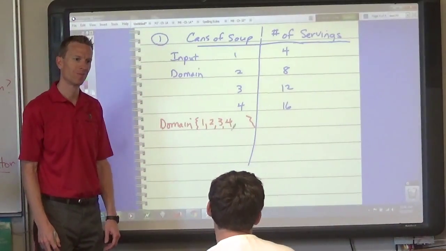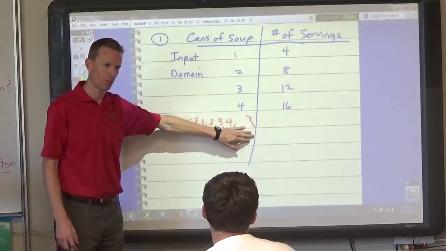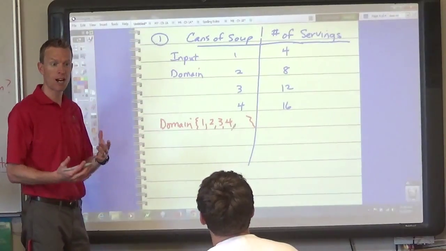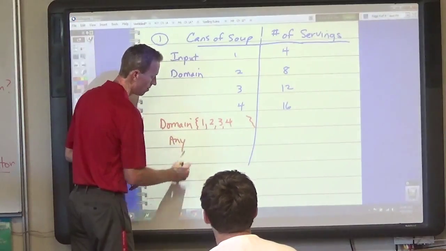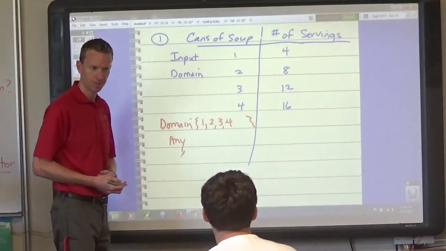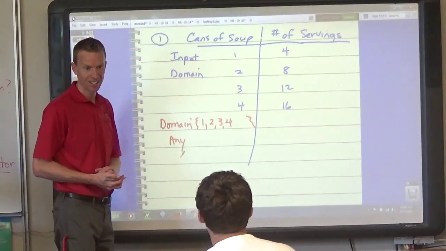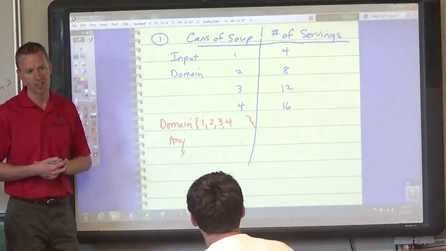Okay? Now, could we keep going? Yeah. So we could describe the domain as being any, what? Any reasonable number.